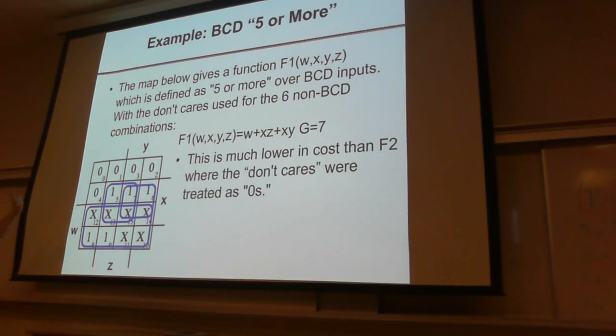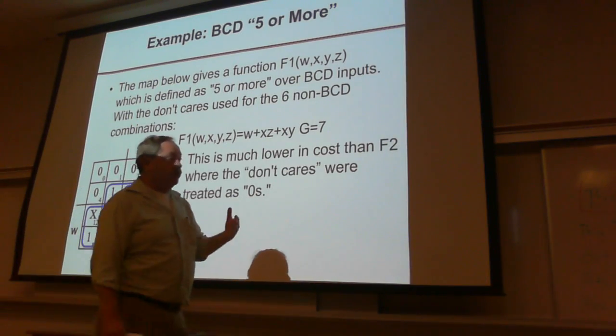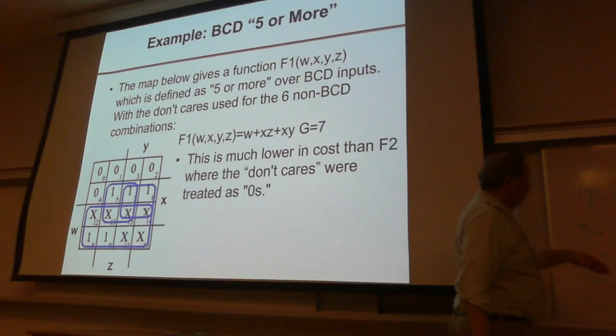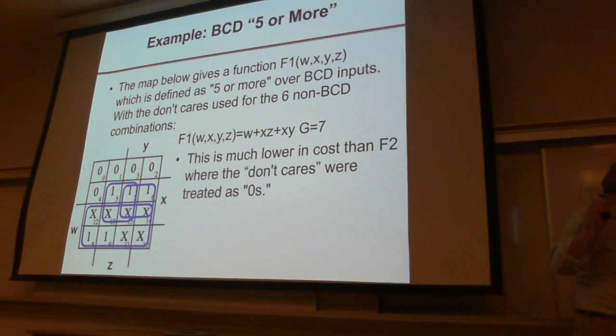It will generate values larger than 4. Since we know it's a BCD, we add some additional information to it. And that is, okay, if it's going to generate values larger than 4, it's going to generate zeros for 0 through 4, and then ones for 5, 6, 7, 8, 9.